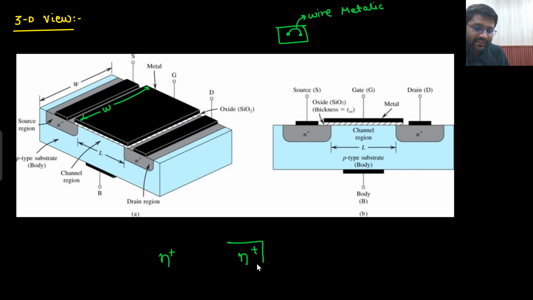Because I know that over this N plus there will be a metal, and metal has plenty of charge carriers. N plus has more charge carriers. If I say out of these two you choose one to be metal, which one will you say is metal? This one will be metal, no? Because it has more carriers.